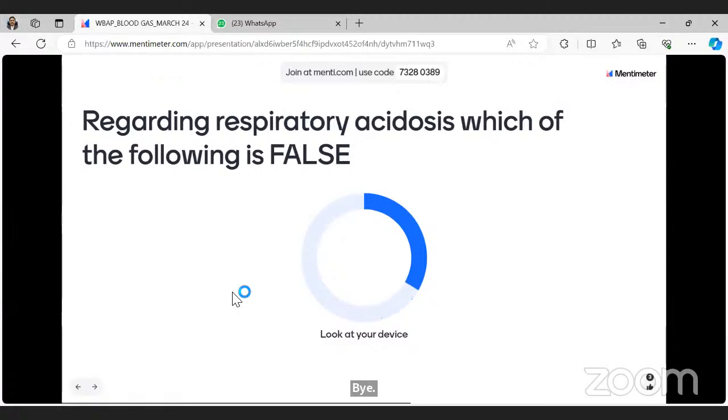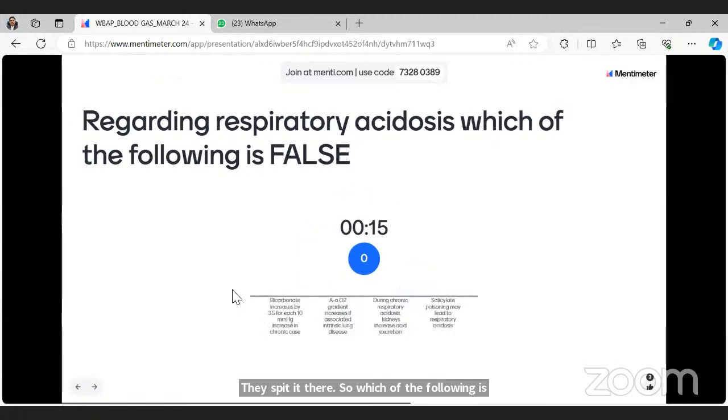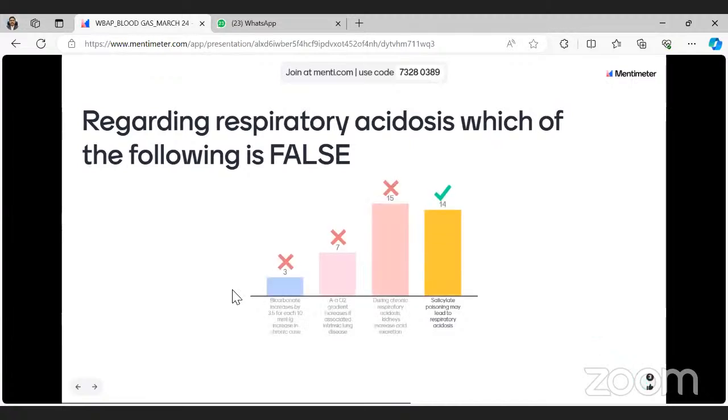Respiratory acidosis, which of the following is false? Good.